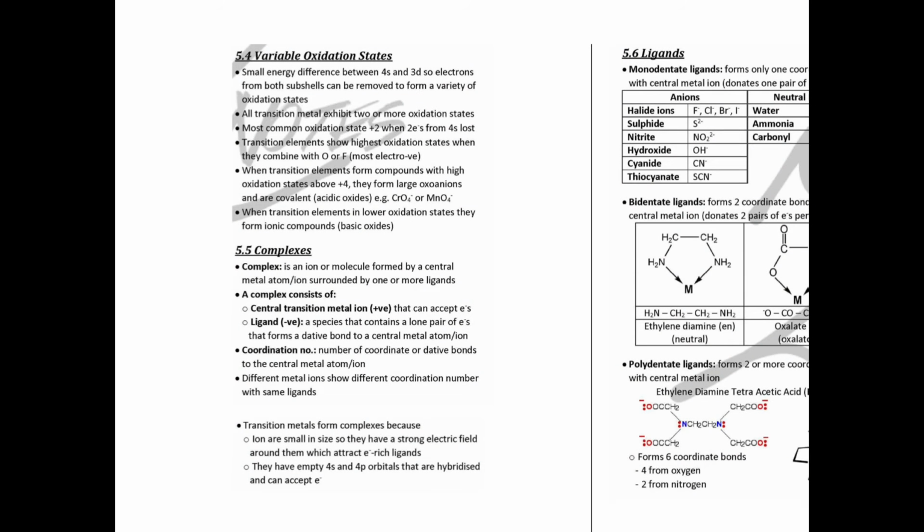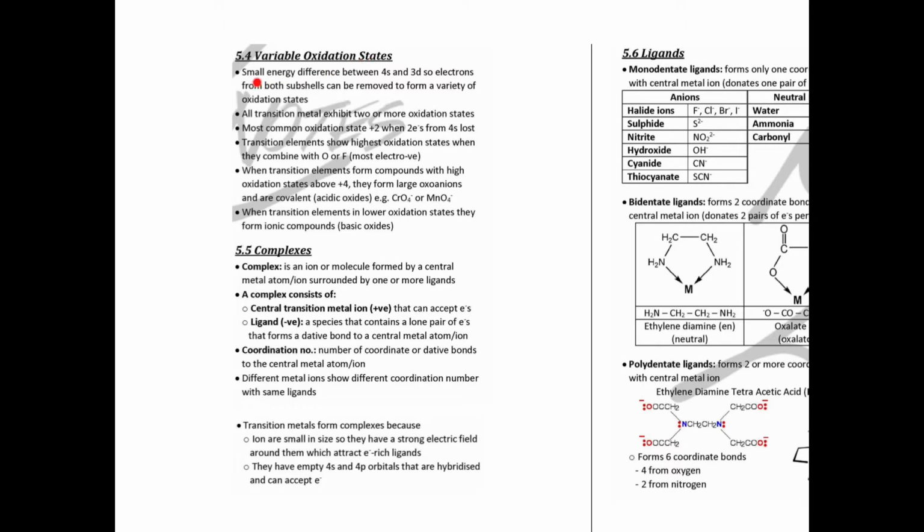On this page, what we see is variable oxidation state. Just now they already mentioned it has variable oxidation states because the energy difference between 4s and 3d is small.